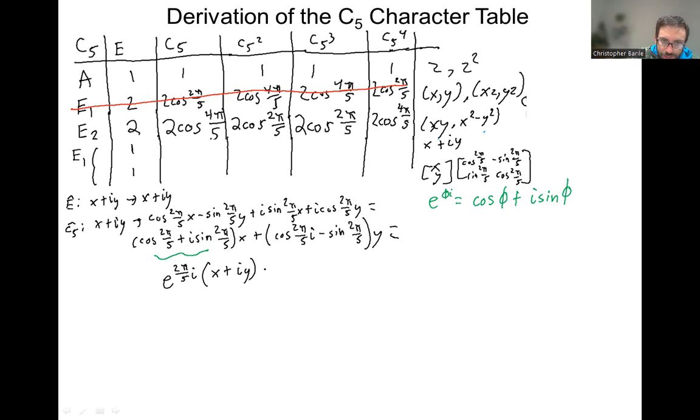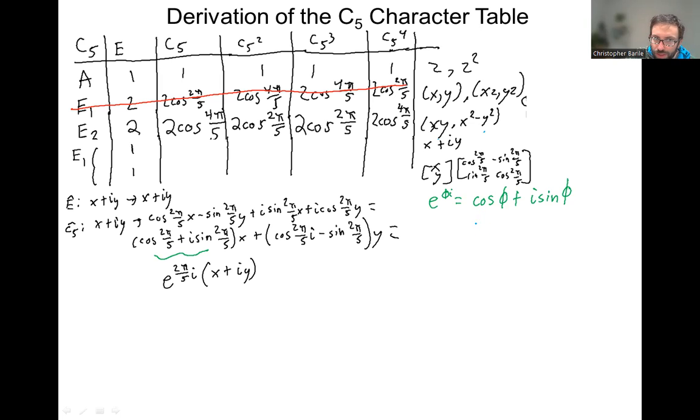So let's just prove that this is true. Of course, this first part is true. We just saw that e to the 2 pi over 5 I times x equals this. But does e to the 2 pi over 5 I times iy equal this? And the answer is yes. If we go over here, maybe in a different color, I can just show you that.